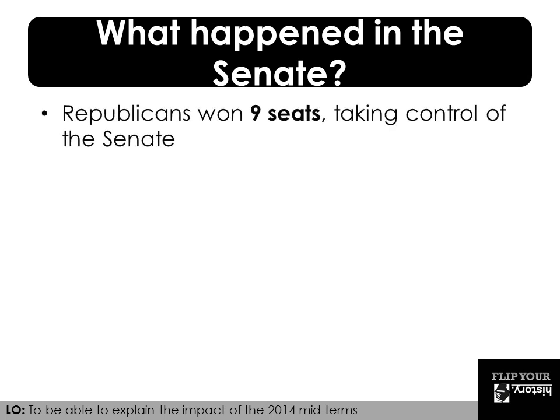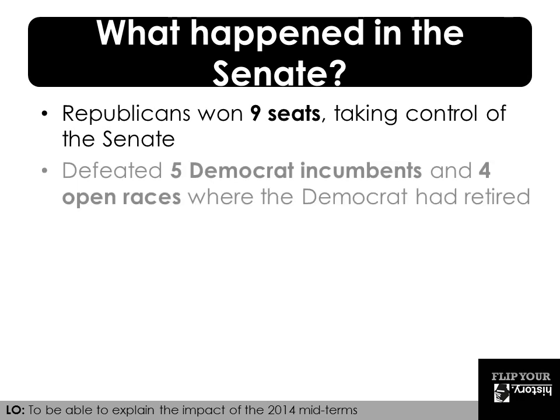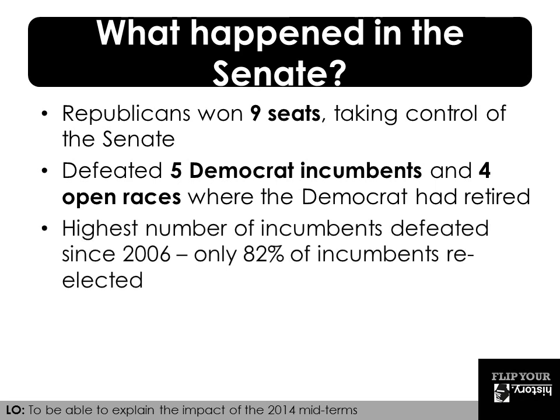The Republicans won 9 seats overall, taking control of the Senate, and more than was expected as they only needed 6 to win control. Now these 9 seats were 5 Democratic incumbents and 4 open races where a Democrat had retired, and so it was more of a fair fight.